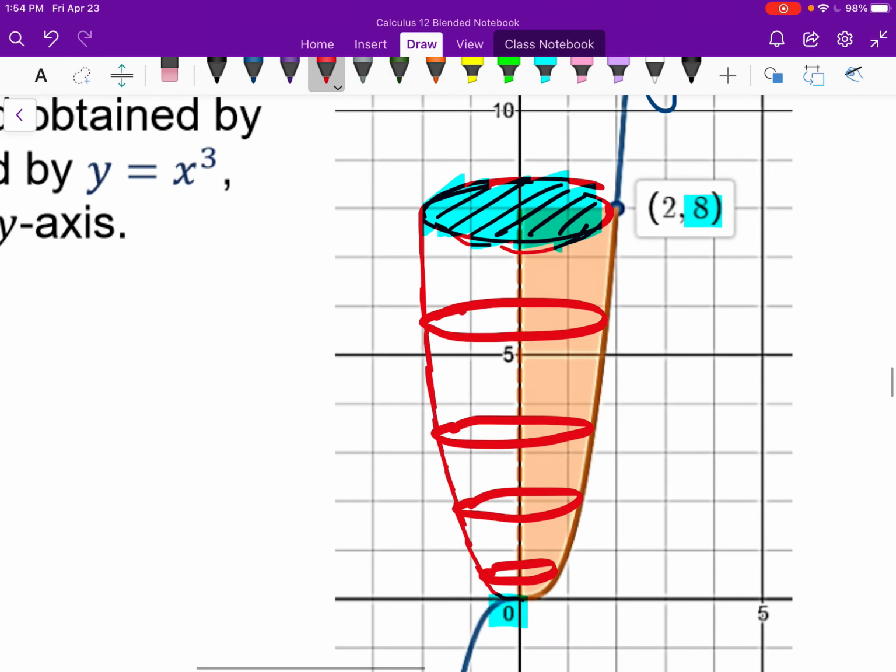Let me zoom in on this a bit. Focus on, oh, I got rid of a little too much. There we go. All right, so if I look at just one of these circles, the radius is the same as the x coordinate. But like I said, I want to integrate with respect to y.